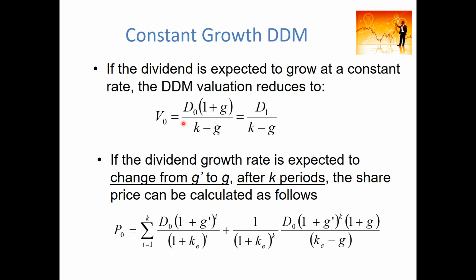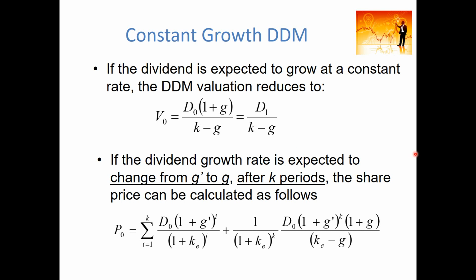What are some models that we can use to simplify the infinite stream of dividend cash flows? Well, we need to make some sort of assumption in terms of future dividends. The first assumption we can make is that the dividend is going to grow at a constant rate through time.